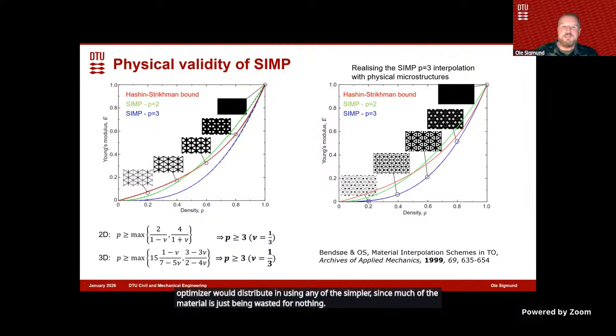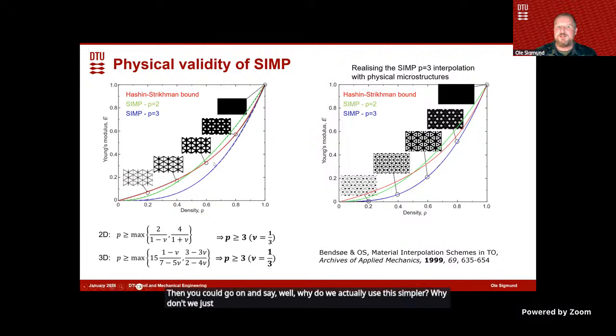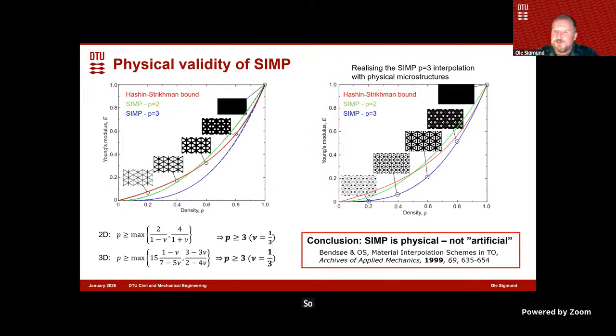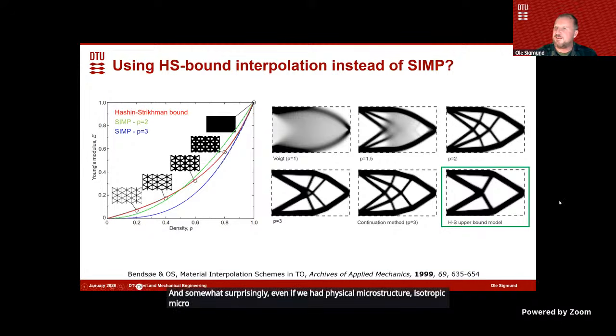Then you could go on and say, well, why do we actually use this SIMP law? Why don't we just use the Hashin-Shtrikman bound directly? Because we know there exist solutions of the Hashin-Shtrikman bounds, and maybe we can use that. So if we have grayscale for optimizing with the Hashin-Shtrikman bound, then we exactly know the microstructure that realizes this grayscale. So we tried that also, and the result is here in the green box. And somewhat surprisingly, even if we had physical microstructure, isotropic microstructure, the optimizer doesn't want it.